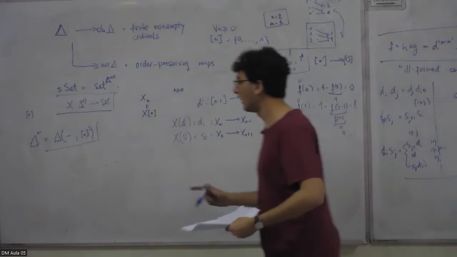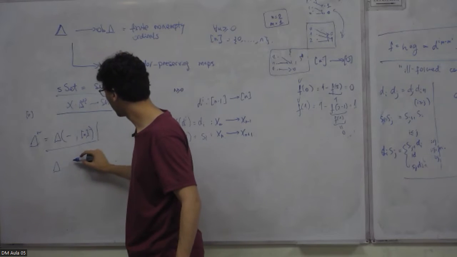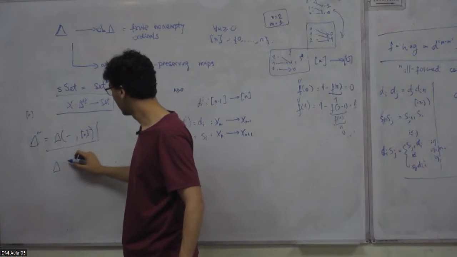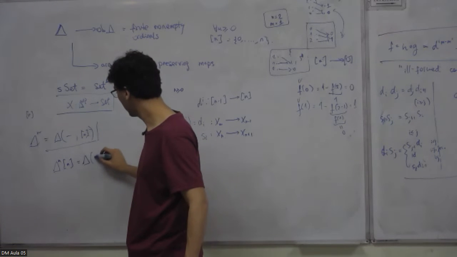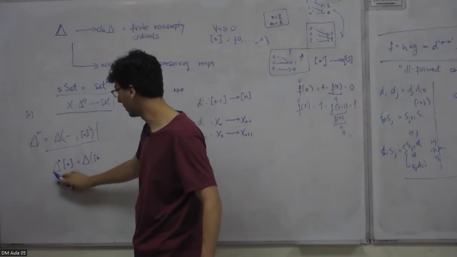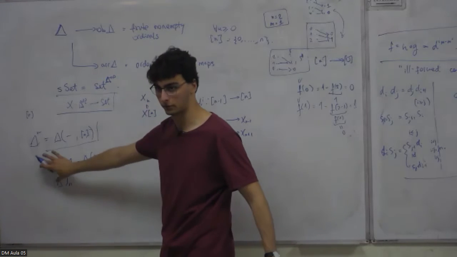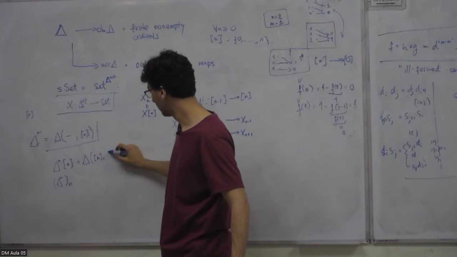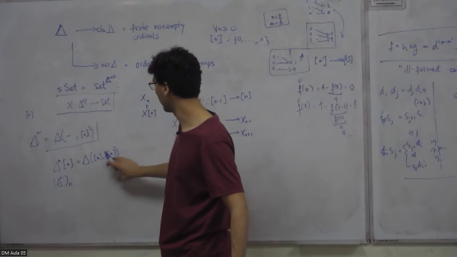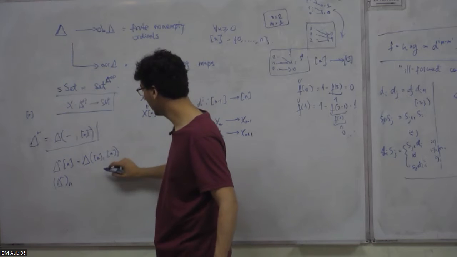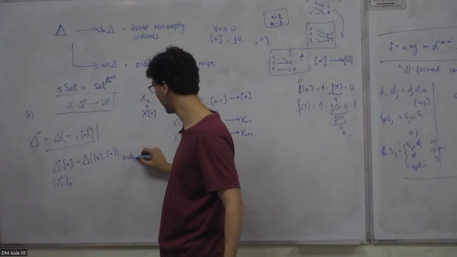So in this case, this equals this. The simplicial set on level n, I mean the n-simplices of this guy, are basically the arrows between n and n in the simplex category, and there we have a distinguished one, which is the identity of n.